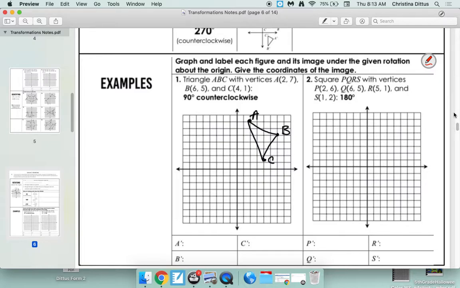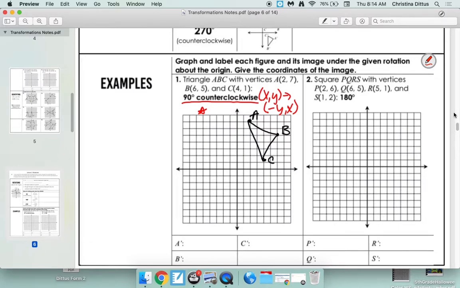Alright, and I want to go 90 degrees counterclockwise, so that's our first rule. So I'm just going to write this down. x, y becomes negative y, x. Well first off, since my figure's here in quadrant 1, 90 degrees counterclockwise, I should end up in this quadrant too. Okay.